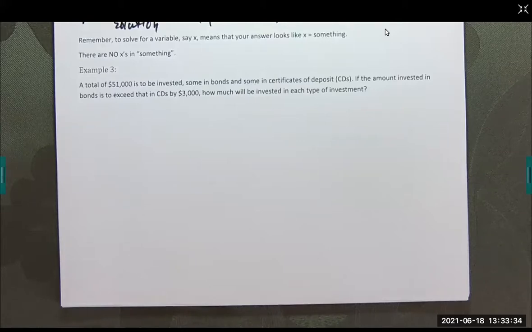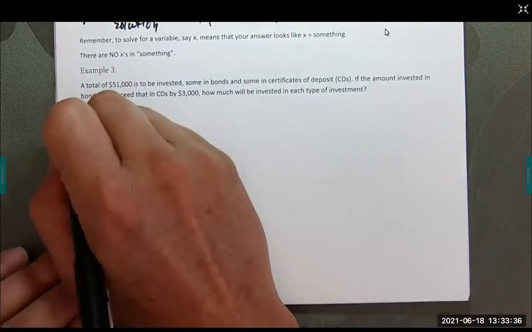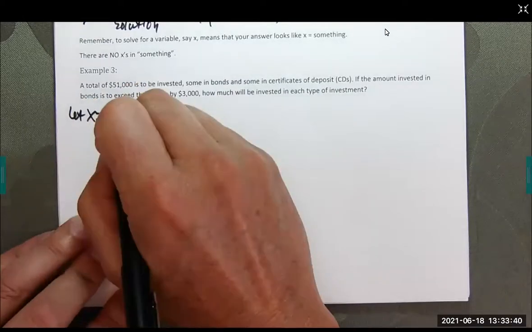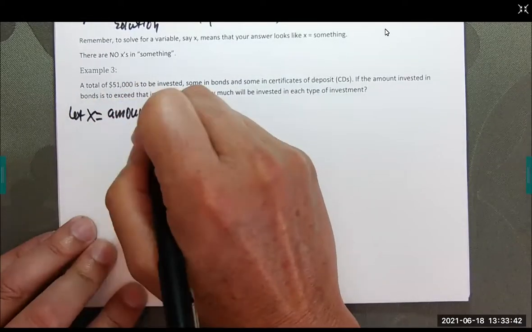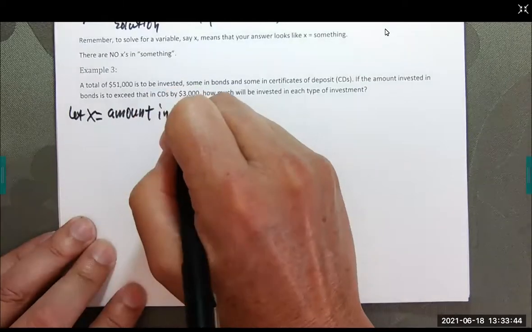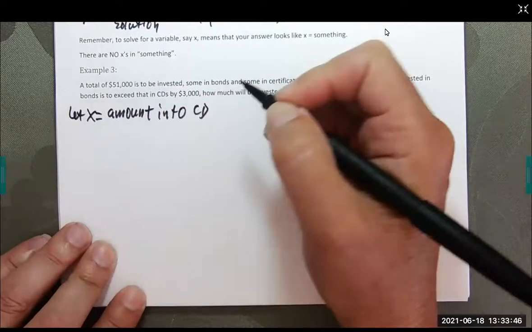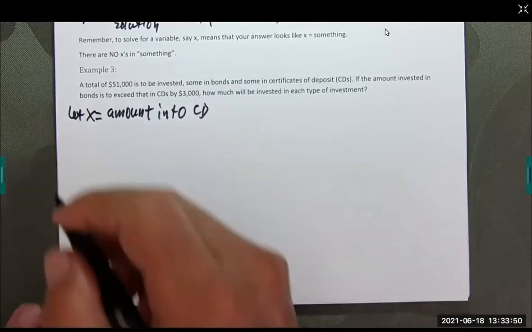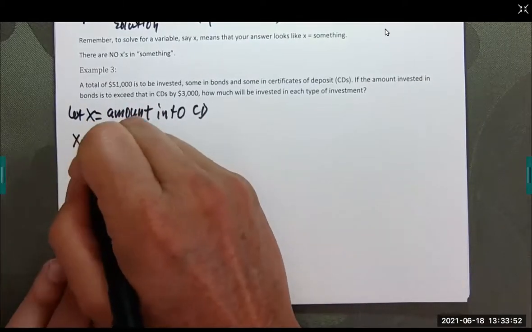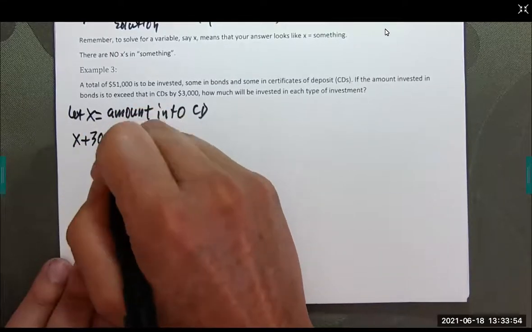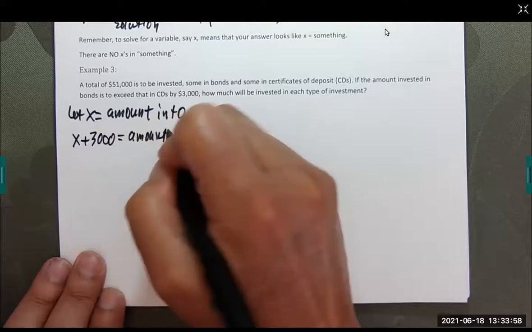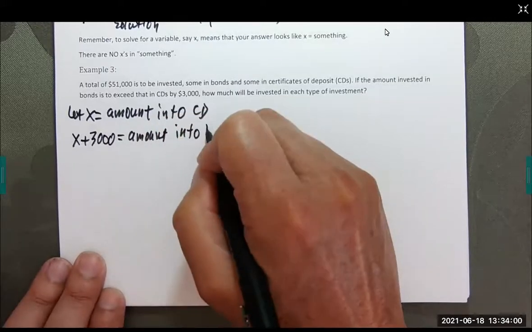So I'm going to let X equal the amount into CDs, certificates of deposit. Now we know that the bonds have to be 3,000 more. So X plus 3,000 is going to be the amount into bonds.